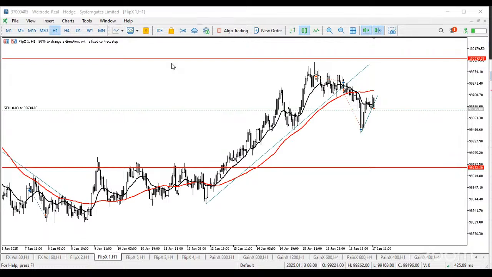You can trade synthetics from WellTrade. The good thing is that you can trade synthetics from WellTrade, and it's very good. We have a series of synthetics that you can trade.